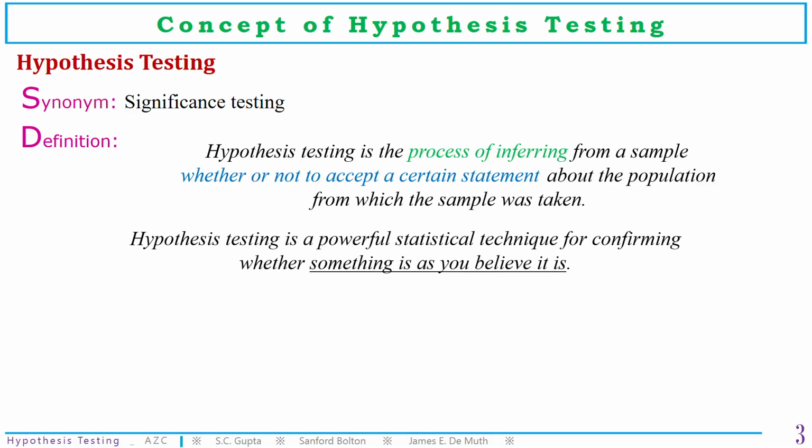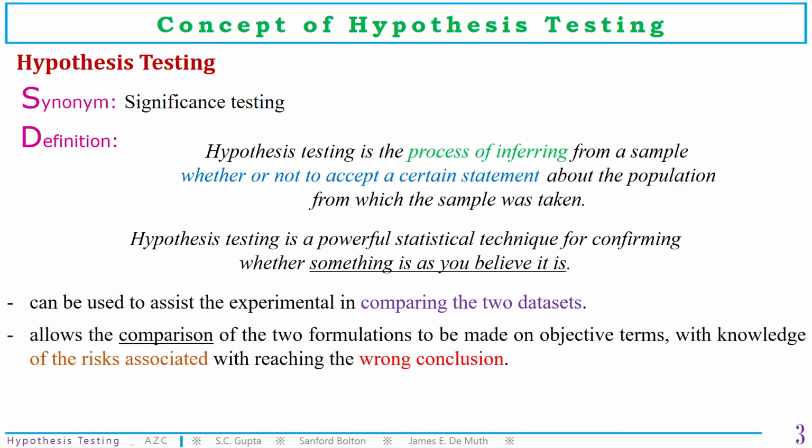Hypothesis testing is a powerful statistical technique for confirming whether something is as you believe it is. It can be used to assist the experimenter in comparing the two datasets.